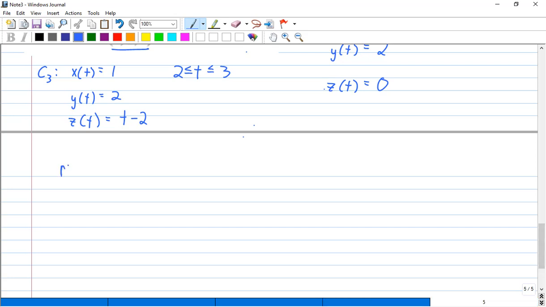And so remember, we use r of t to represent our vector valued function. Now, the way that we do this, of course, with a piecewise function, we're going to break it into pieces. And we're going to have our conditions over here for t.